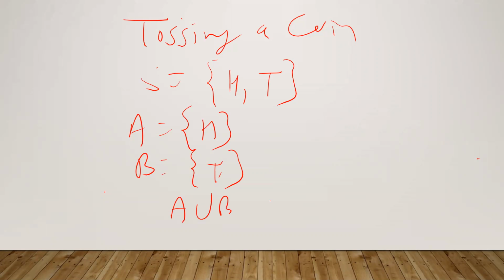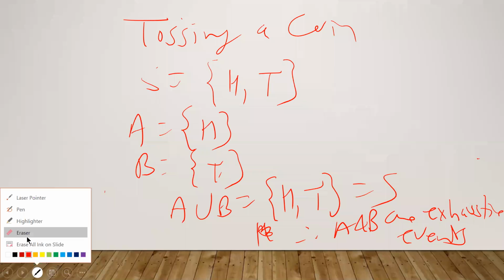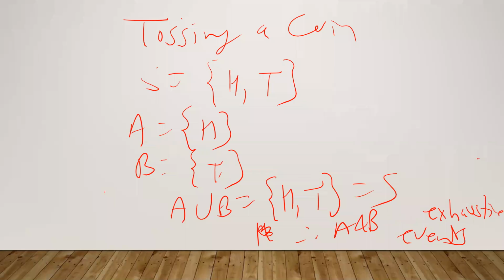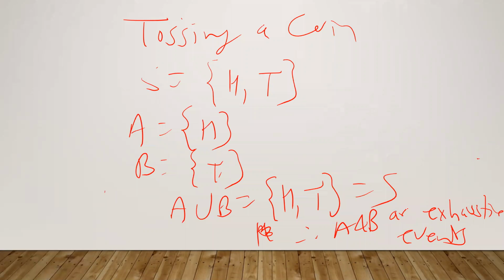A union B. Will it contain H and T? Yes. It is same as S. So therefore I can say that A and B are exhaustive events, क्योंकि जब मैंने उन दोनों को मिला दिया तो I am getting the entire sample space. A and B are exhaustive events.